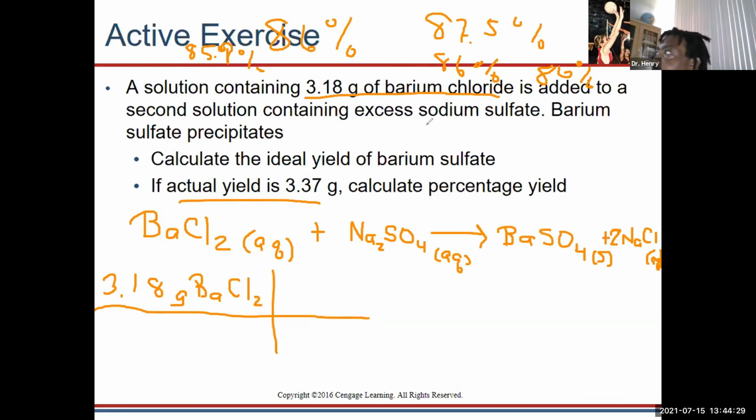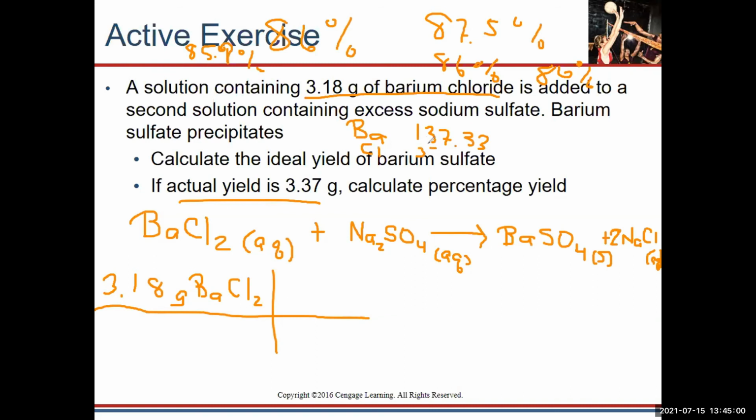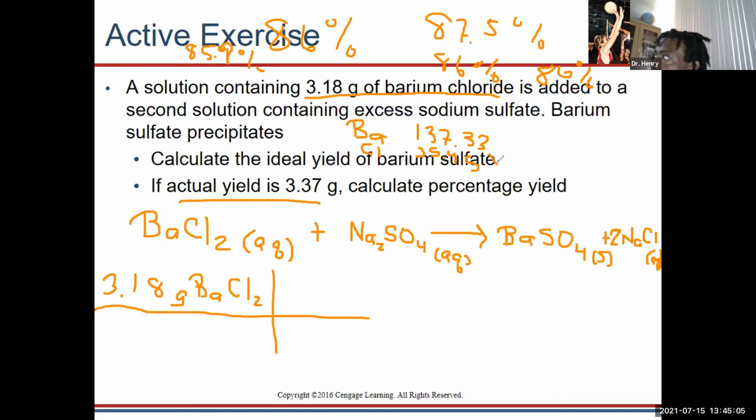That is correct. So if I need to change it to moles, I need to find the molar mass. What is the molar mass of barium? 137.33. Okay, and chlorine? Chlorine, not fluorine. 35.45 times 2, since there's 2 of them.